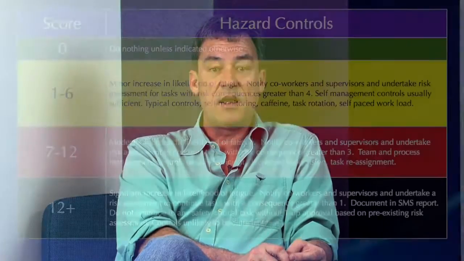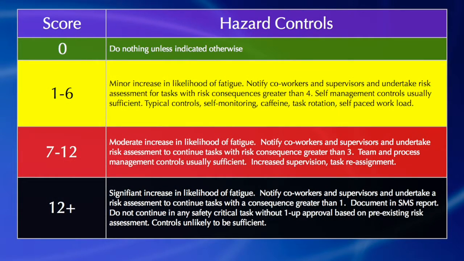Typical controls would include self-monitoring, the use of caffeine, task rotation, increased levels of supervision, or self-paced workloads. In this situation, you'll find that the controls are typically managed with minimal impact on the individual's work performance.